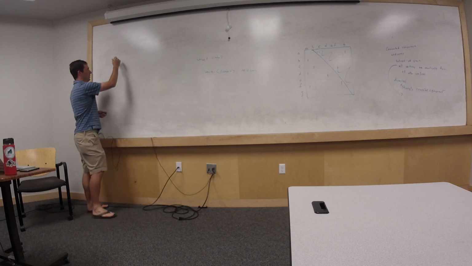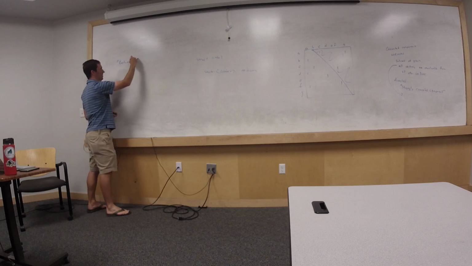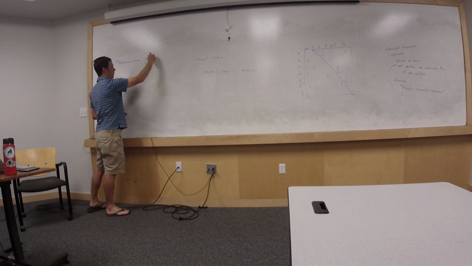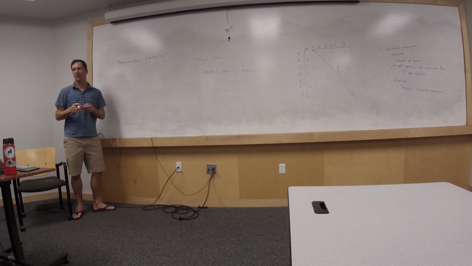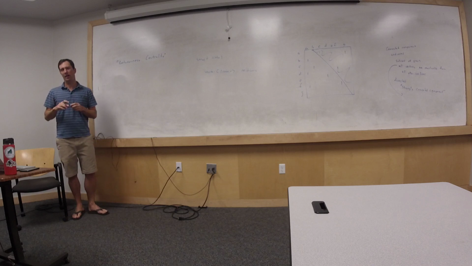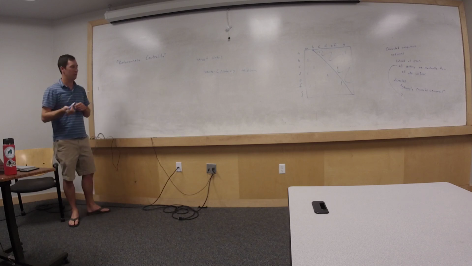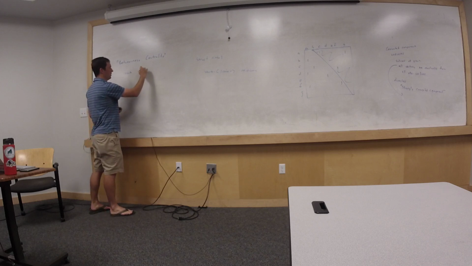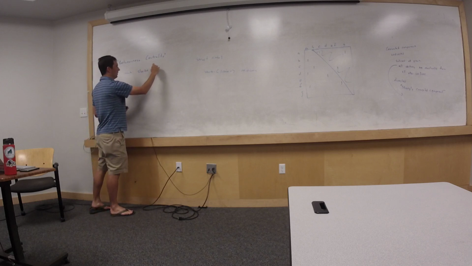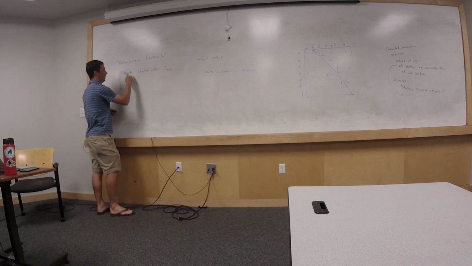This is called the betweenness centrality. And we compute it in basically a two-step process. The first thing we do is compute shortest paths from all nodes to all other nodes.